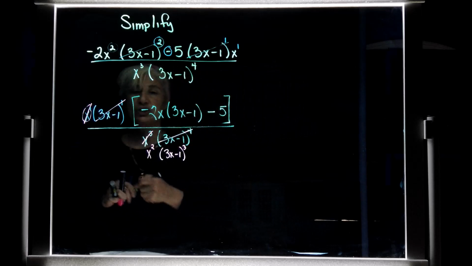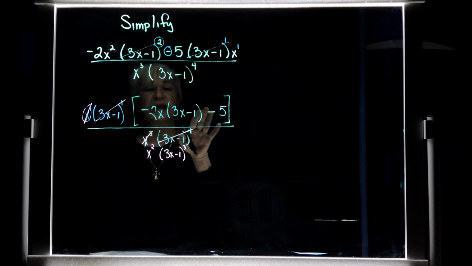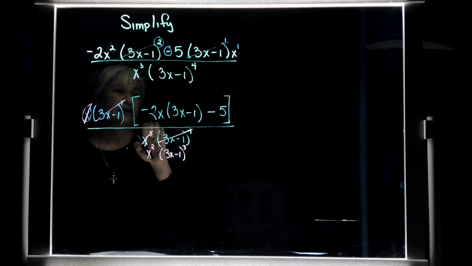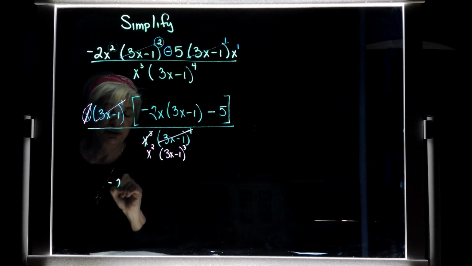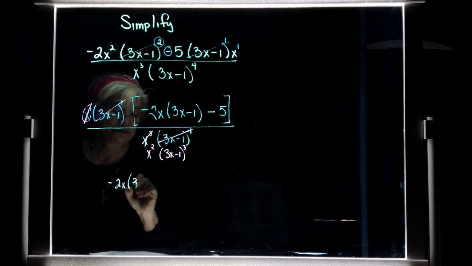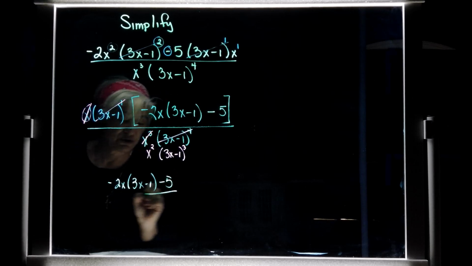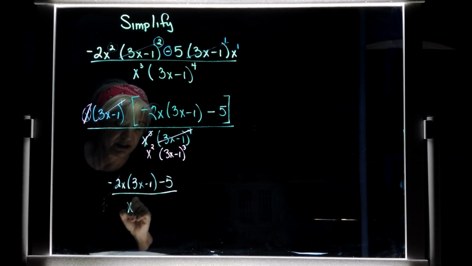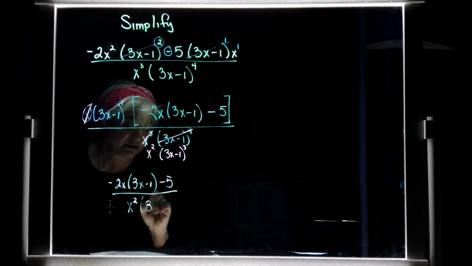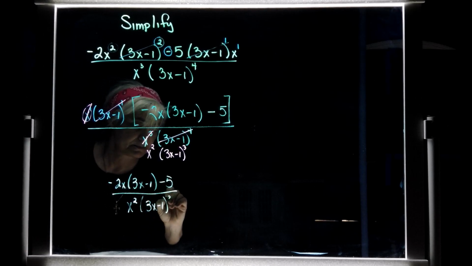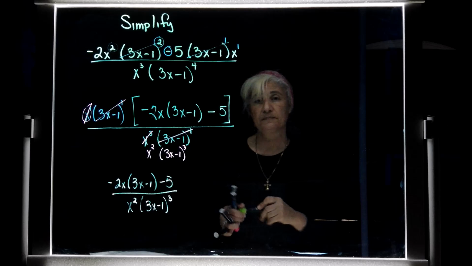Okay. So, it looks like I just have the bracket left up top, so let's look at it. If I do this distribution, well, let me not do it yet. Let me just write down what we have left. So that's what's left in the numerator. And in the denominator, we have this left. Good?